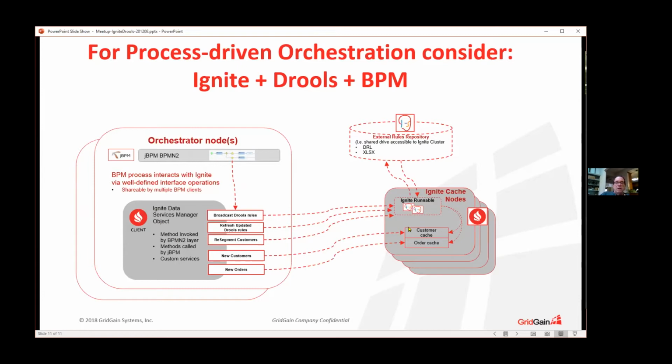We normally talk about Ignite servers as cache servers, but you can also have Ignite clients that are wrapped with some sort of a service object. This can be a service grid, it can be a REST service, anything you choose. And then you can have the Ignite client also be an object server, like a data server that intermediates between the process layer and the cache layer, and then all the while is making use of this external repository that is being supplied with updated rules by the business analyst.